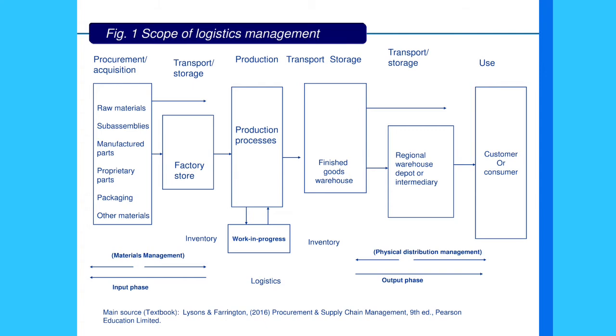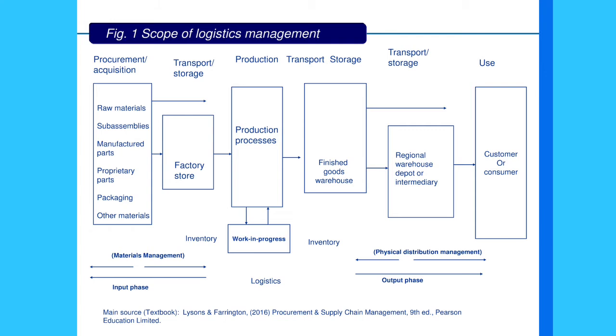And here, when you are working on the things, you get work in progress, which is shown at the bottom. That is semi-finished or semi-manufactured parts or products. Then the fourth block talks about transport and storage. Once the parts or products have been made, they go to the finished goods warehouse.